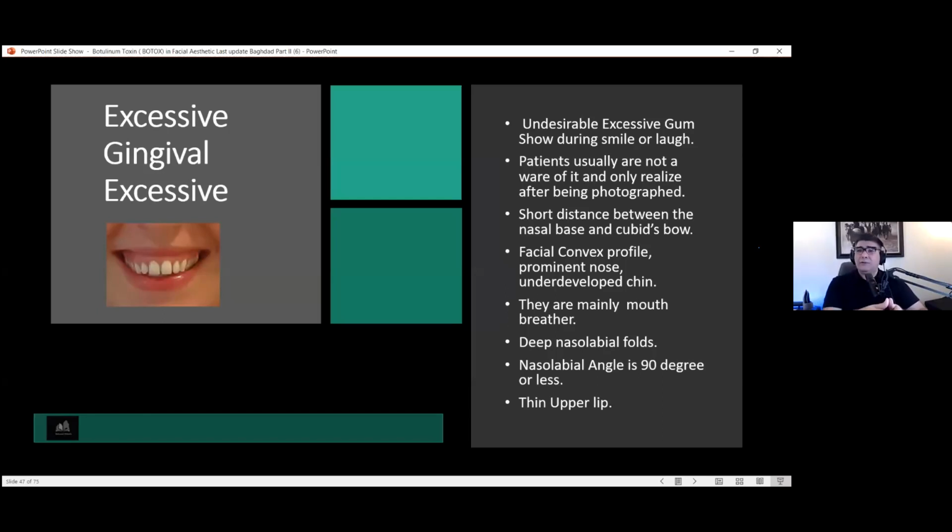They're gonna tell you they have recurrent tonsillitis, halitosis, some kind of gingival issue, or mouth dryness. All these signs suggest that the patient maybe has a gummy smile.